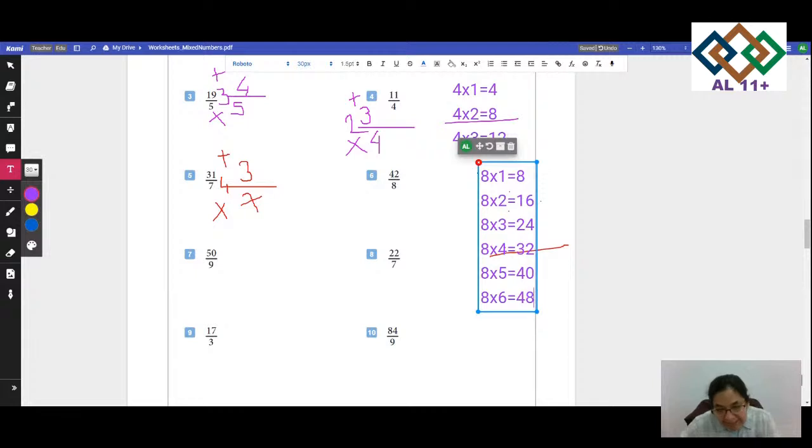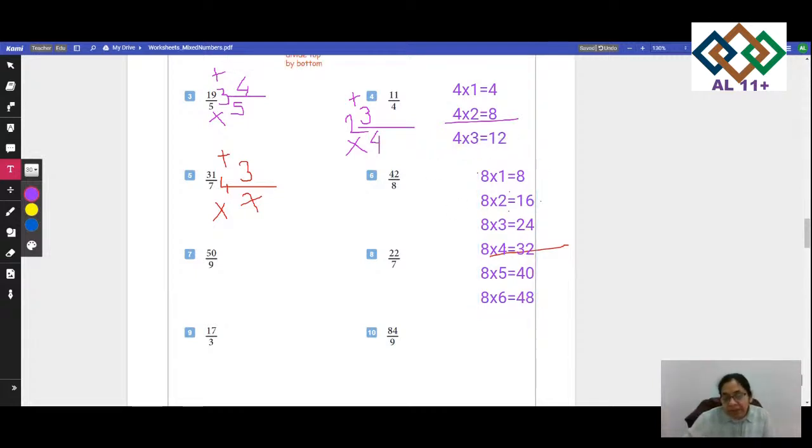If you look at this, you need the closest to 42. The closest to 42 in 8's table is 5.